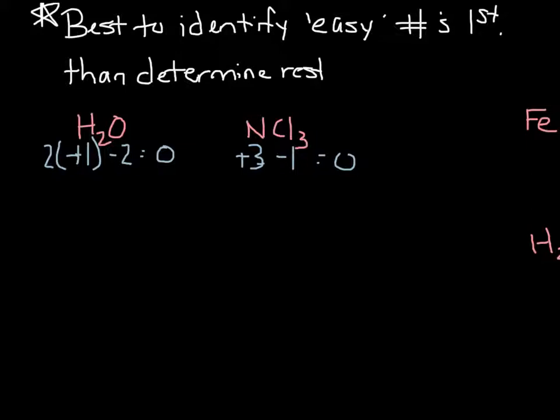Here we have a covalent compound where you would think nitrogen would have a -3 charge based on what we understand from the periodic table. But because it's in a covalent compound, it doesn't necessarily have that situation. Therefore, it's carrying a +3, not charge, but a +3 oxidation state.